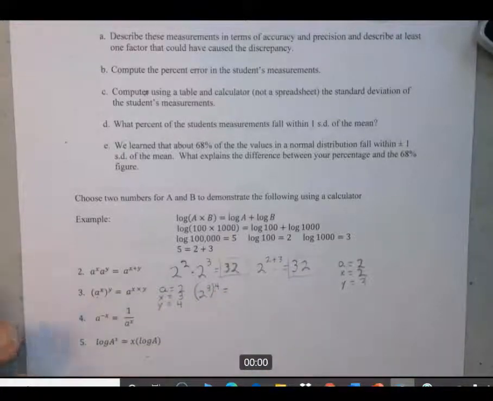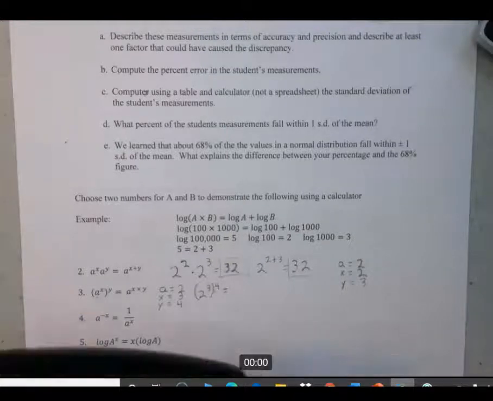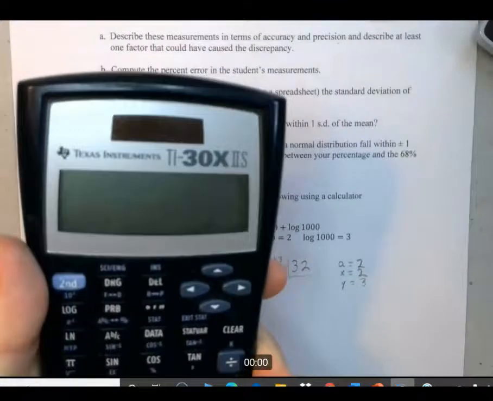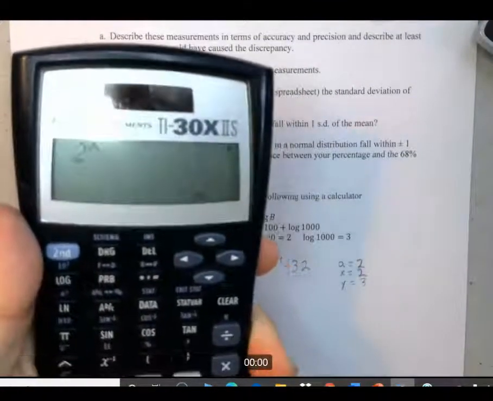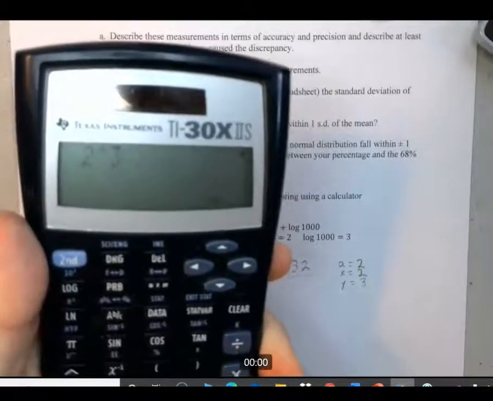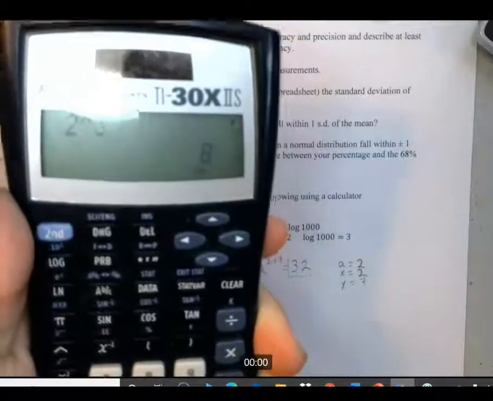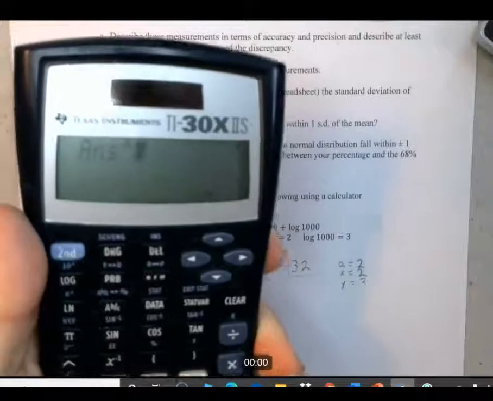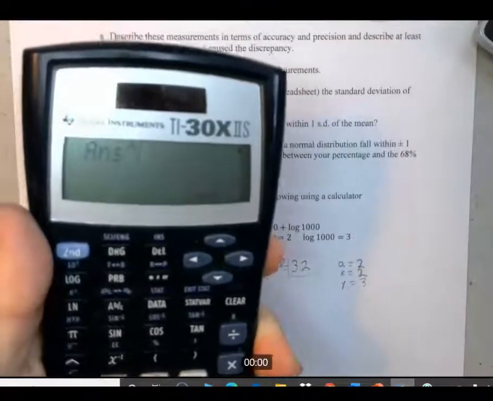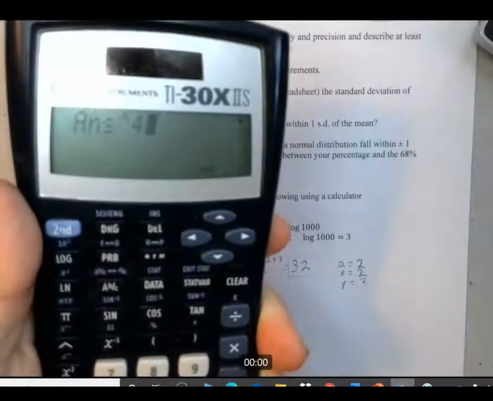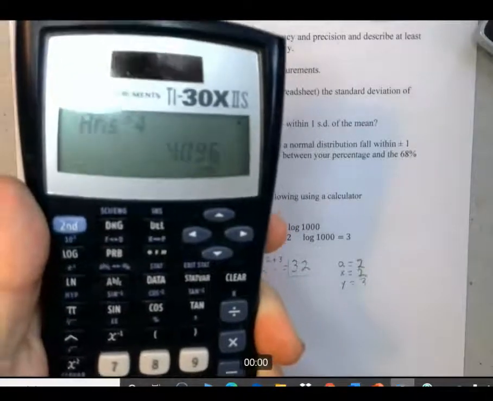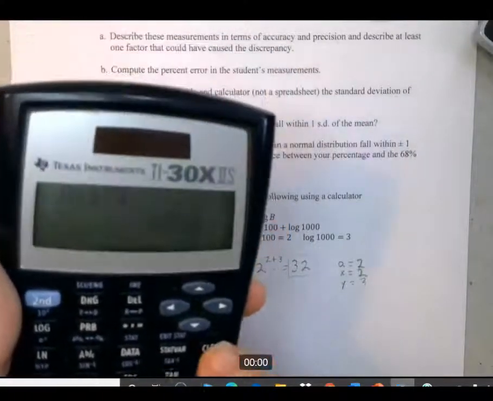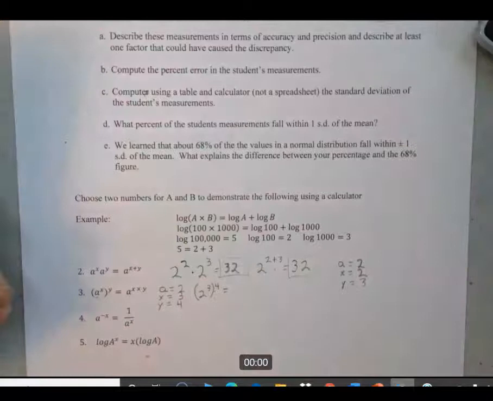Okay, so what you will do is get a calculator, and I am going to say 2 caret 3, that's how you raise something to an exponent, equals, that gives us 8, and then I'm going to do caret again, so it shows me answer, that was the 8, raised to the 4, and that equals 4,096.